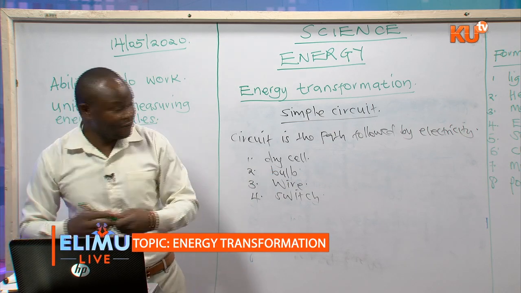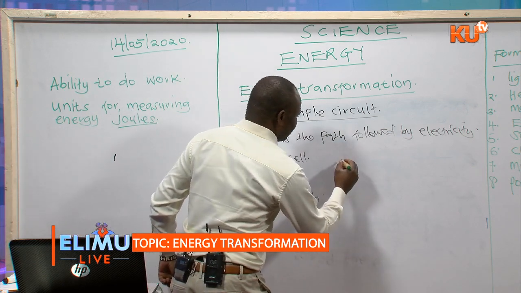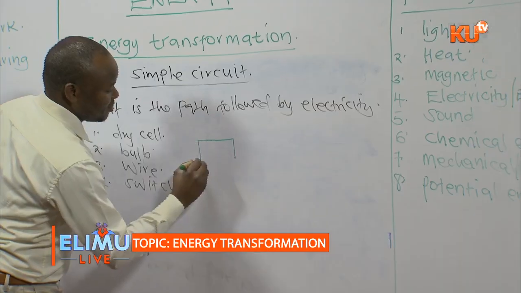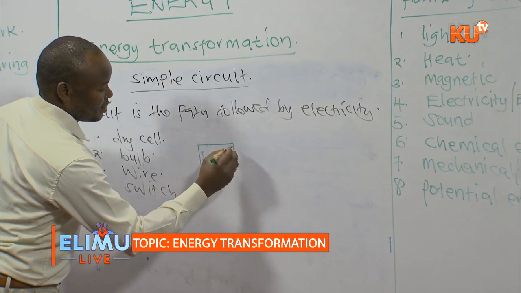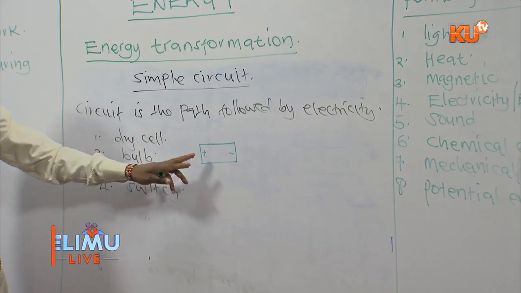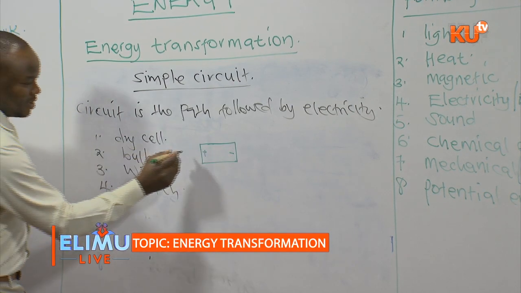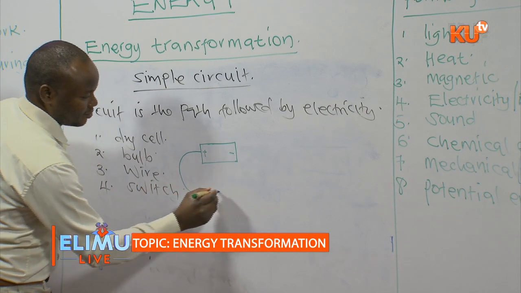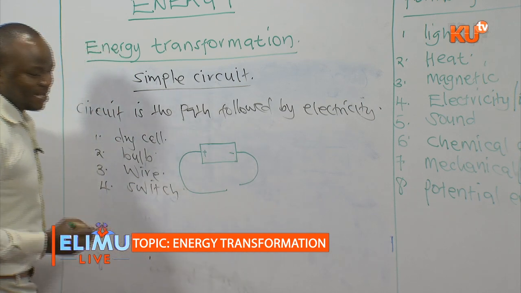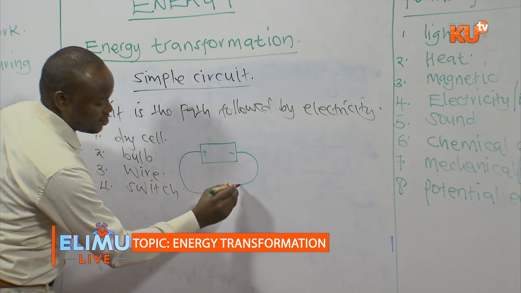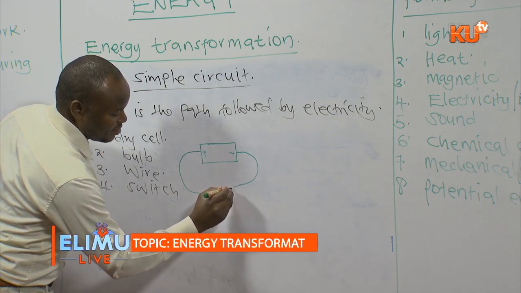First, I want to connect it for you. Let me draw it. This is the dry cell, and I will use one dry cell. This is the positive terminal and this is the negative terminal. Then this is the wire, connecting from one end to the other. Then this one is the bulb.